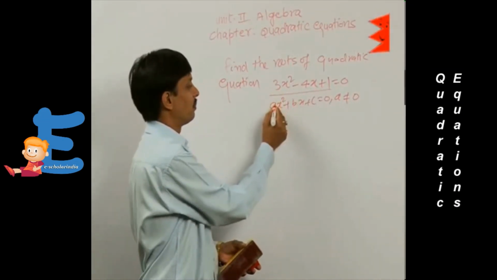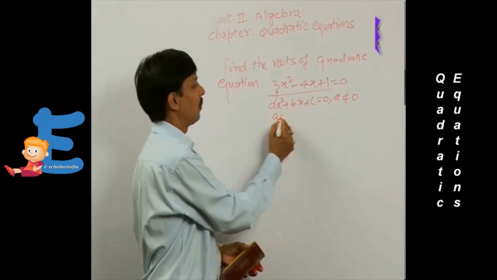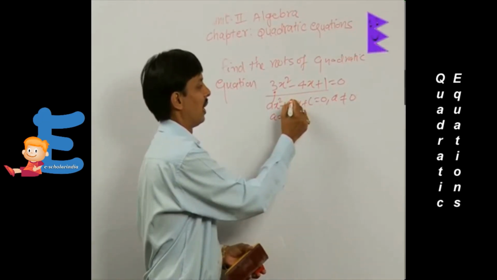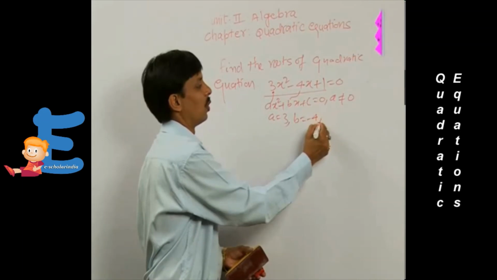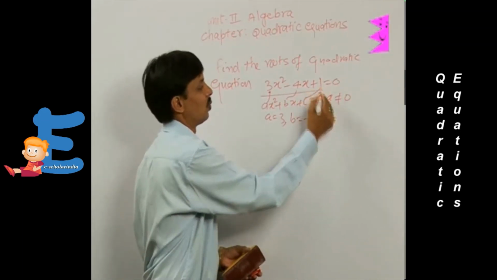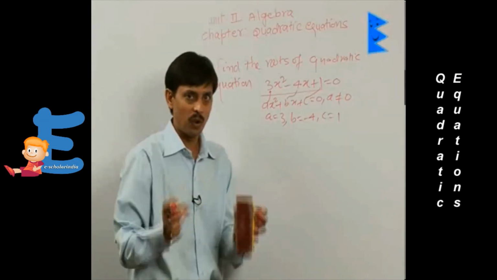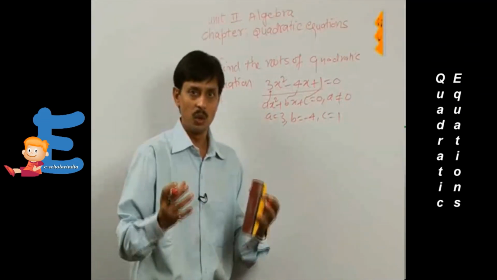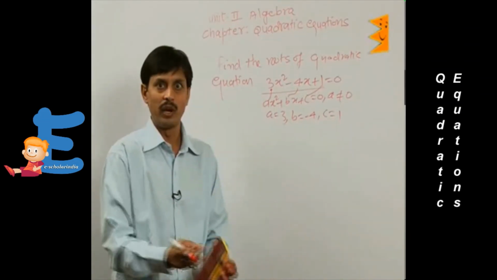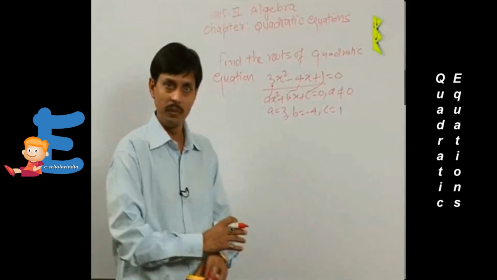So comparing will give us the value of a is 3, the value of b is minus 4, the value of c is 1. Now, to use the formula to find the roots, what will we calculate first? We will calculate the discriminant.